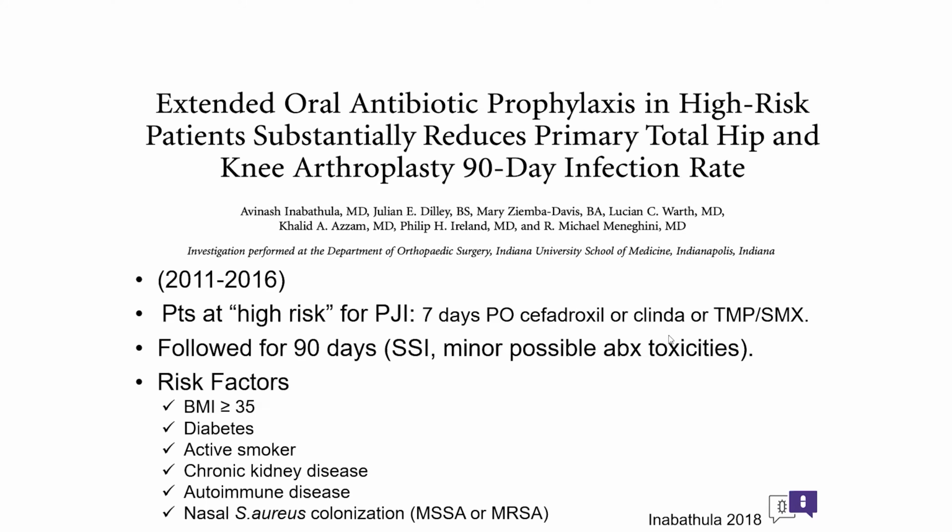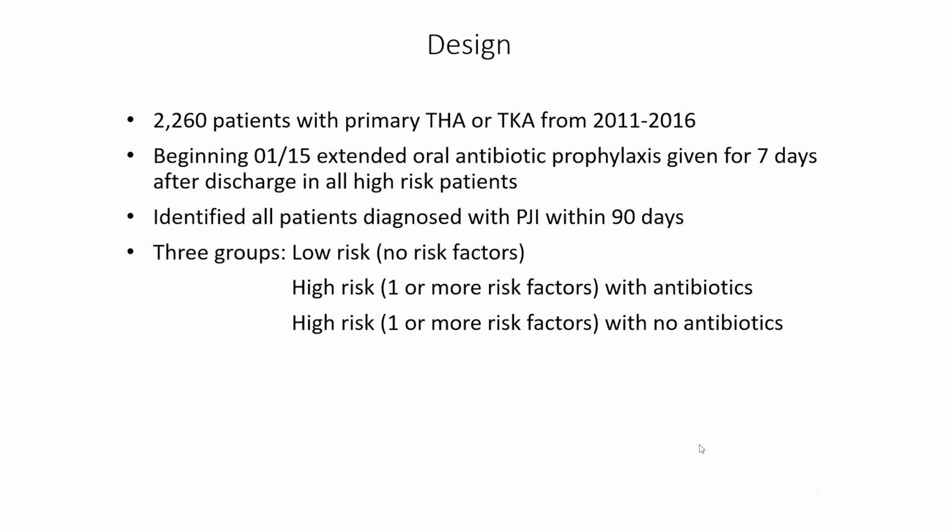And they received 7 days of cefadroxil, or in the case of allergies, clindamycin or Bactrim, or if they had a positive MRSA screen, they would use these. And we, by the way, don't have cefadroxil as a formulary agent, so cephalexin is what's used here.